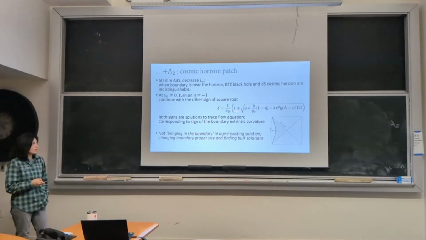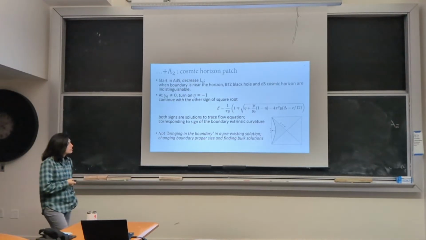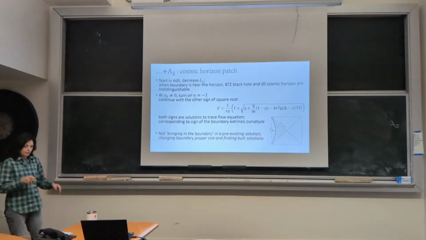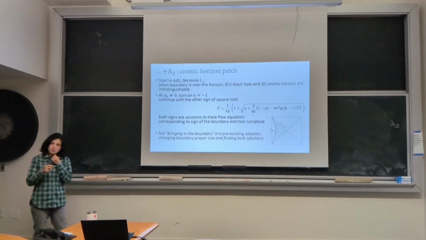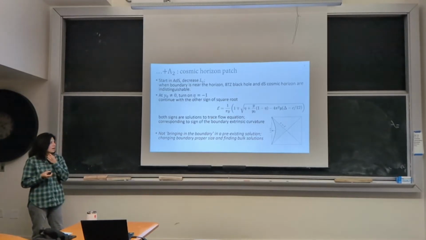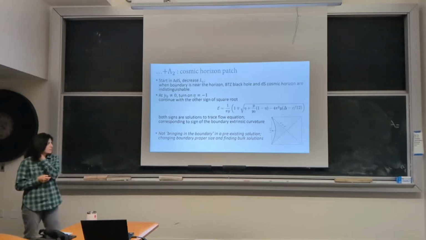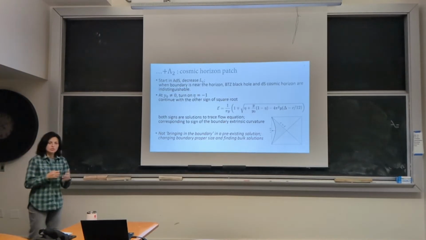The fact that both signs are solutions to the trace flow equation can be understood from the geometry by noticing that if you fix the Dirichlet boundary condition, you can have either sign of the extrinsic curvature on the boundary. So there are two possibilities. And as I was emphasizing before, we are not bringing in the boundary in a solution that already existed.